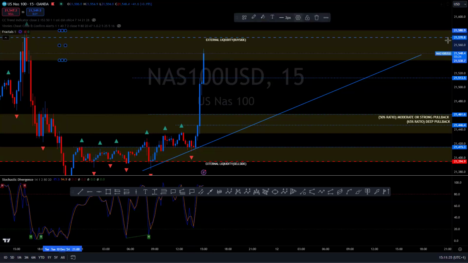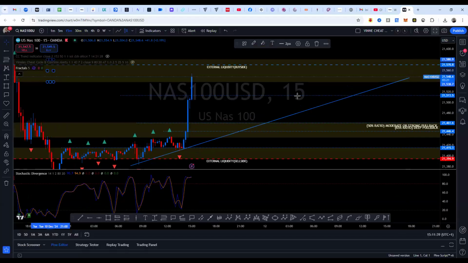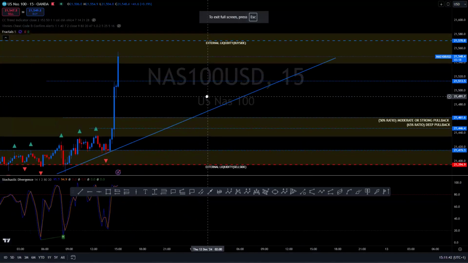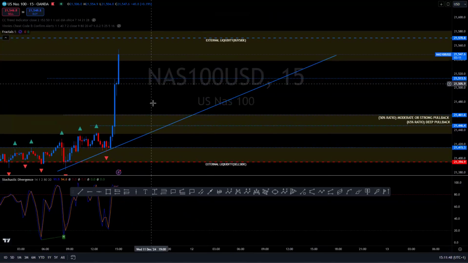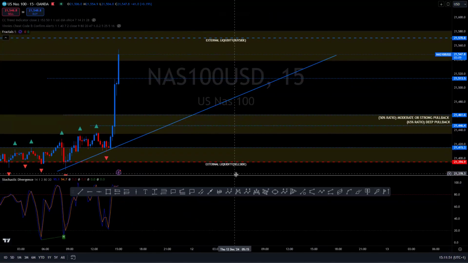So now what we're going to do is wait for the 9:15 candle to close. Then when it closes, that's when we're going to figure out our exit strategy and what we're going to be looking for.